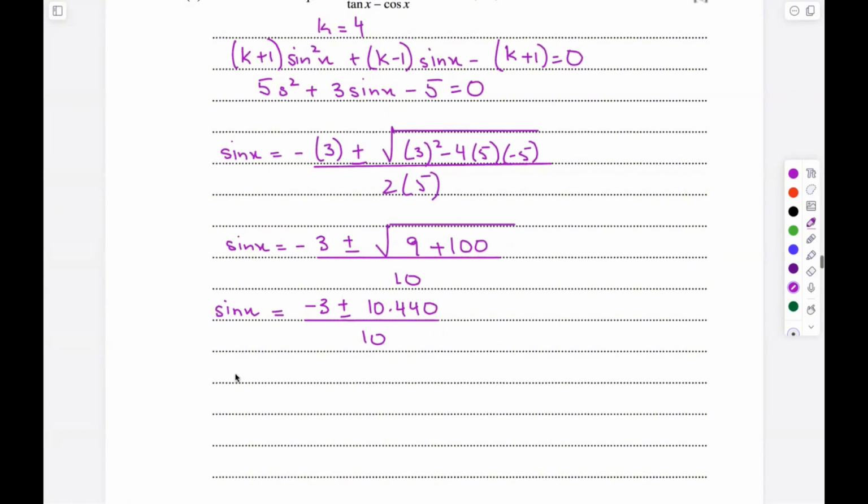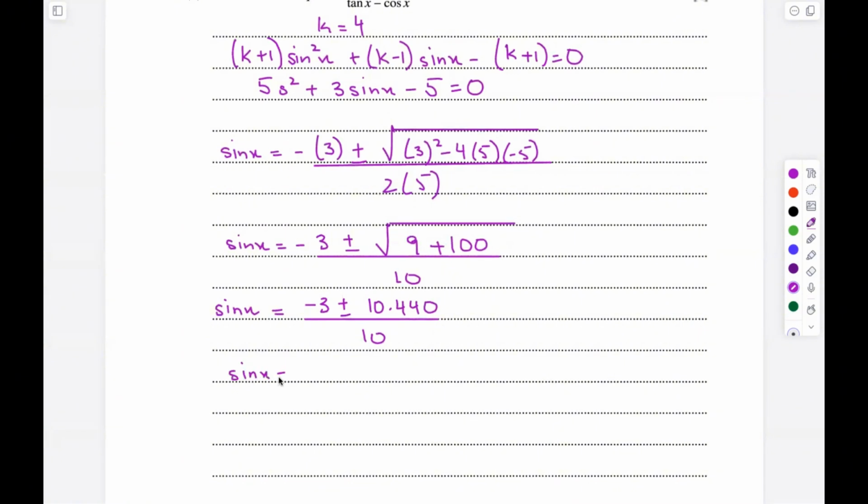So we can write sin x = (−3 + 10.440)/10, and sin x can also be (−3 − 10.440)/10.